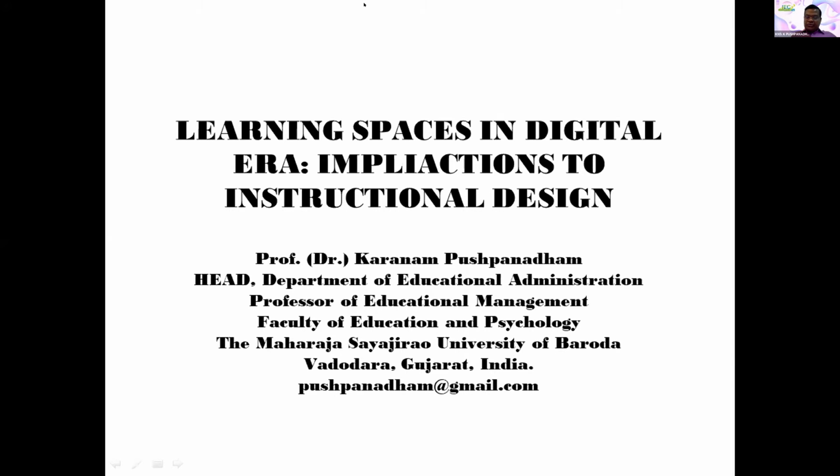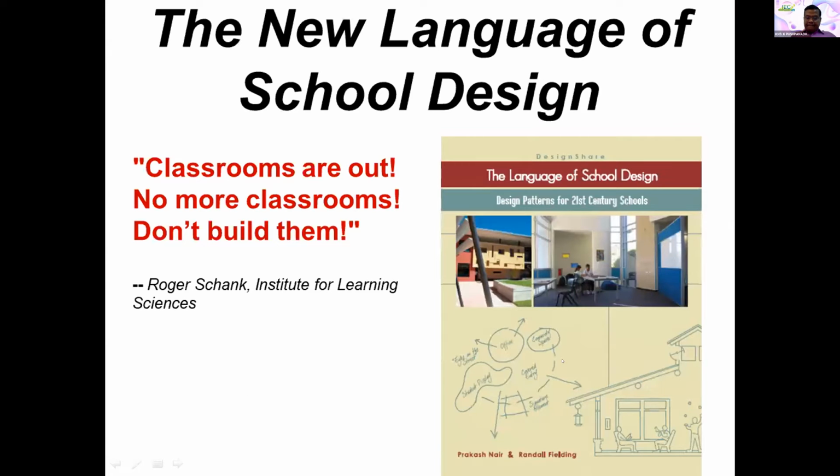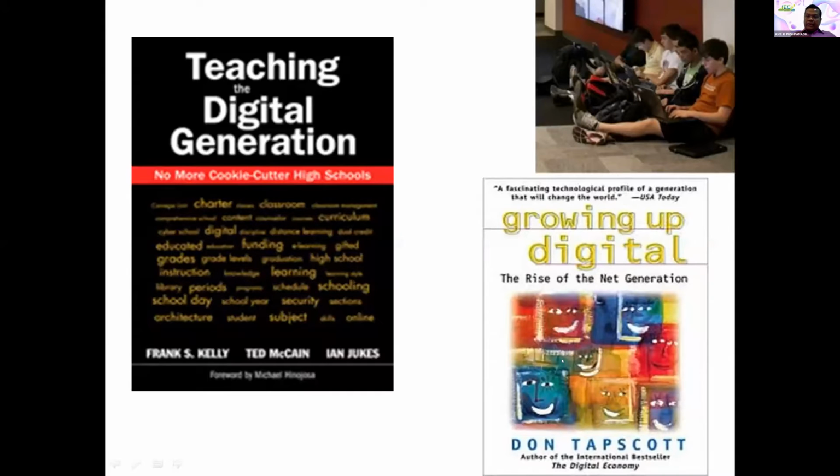Friends, when I talk about learning, we must understand the three important aspects, whether it is teaching in the digital generation or dealing with the learner in very traditional classroom practices.